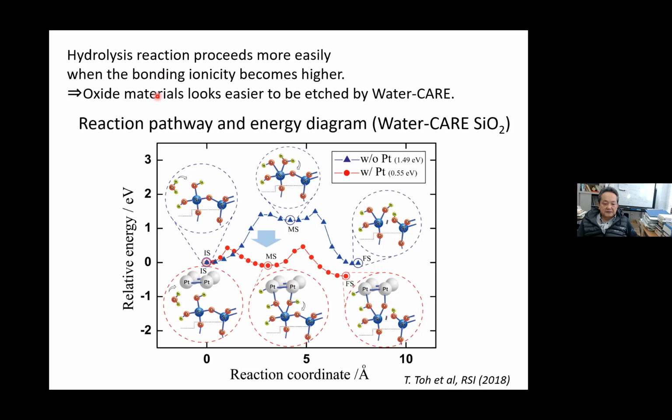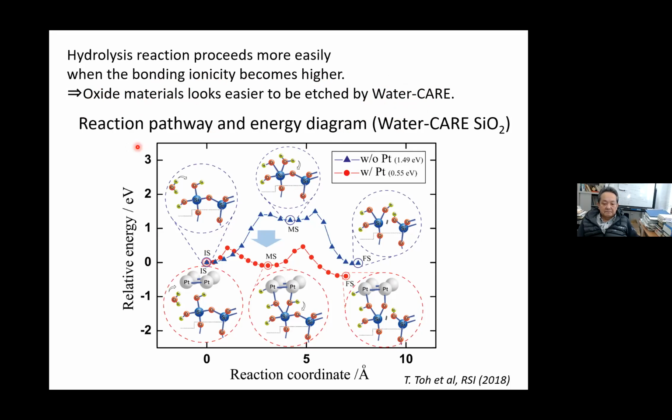And in the case of the oxide materials, the bonding ionicity becomes higher than that of SiC or gallium nitride. So this kind of material is more appropriate for the water CARE. And the water CARE can accept these kinds of materials because we don't use HF solution in the water CARE.